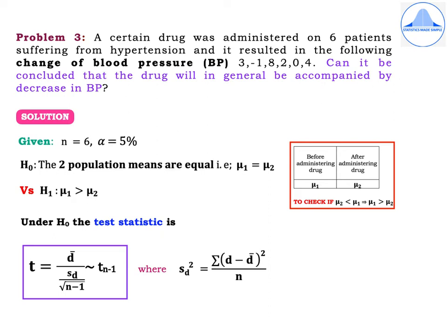That means you are asked to check whether mu2 is less than mu1, or in other words, H1 is mu1 is greater than mu2. Under H0, the test statistic is t equal to d bar divided by sd by root n minus 1, which follows t n minus 1, where sd square is equal to summation d minus d bar the whole square divided by n.